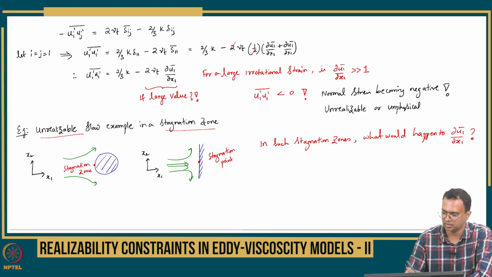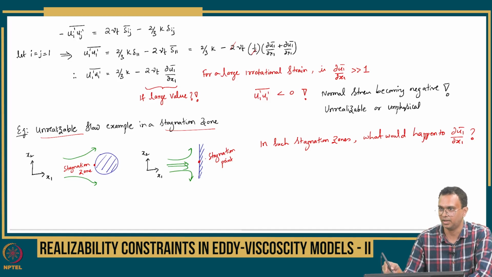The u1 bar is 0 on the wall here, nearly 0 around it, and a little bit away from it, it is very large. So this is a large negative value, right?